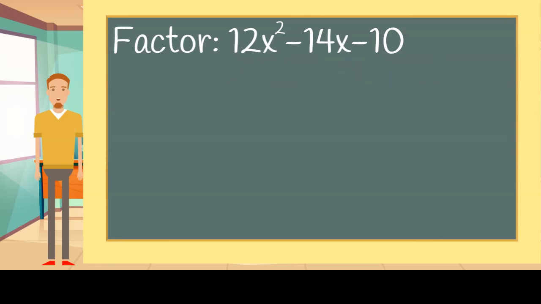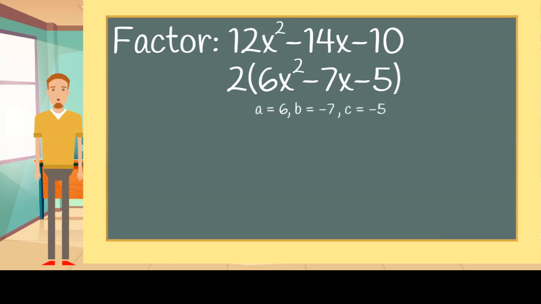Factoring out 2 will lead us to 2 times 6x squared minus 7x minus 5. Then, we identify a, b and c. a equals 6, b equals -7, and c equals -5.